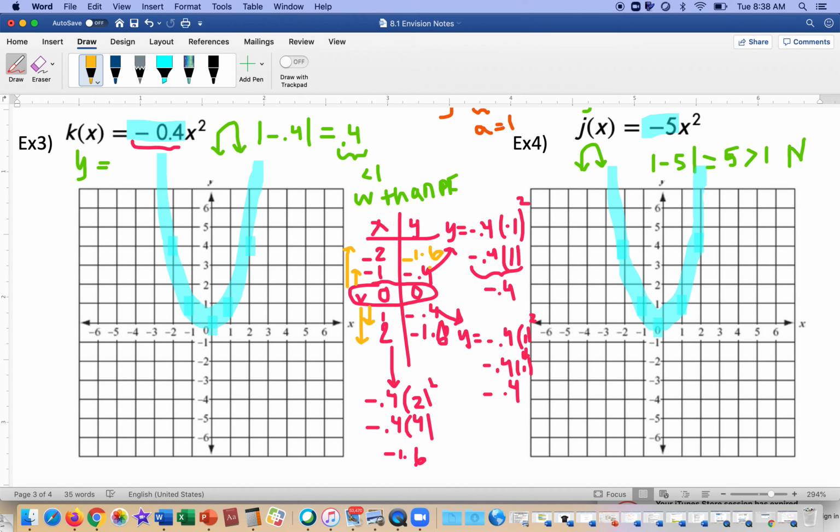And so now if we go and graph this, I'll do this in yellow. At negative 1, it's negative 0.4, put a dot there. At 1, it's also negative 0.4. At negative 2, it's negative 1.6. And at positive 2, it's also negative 1.6.